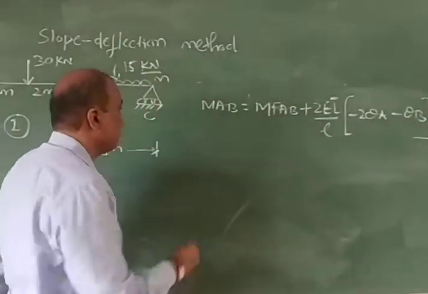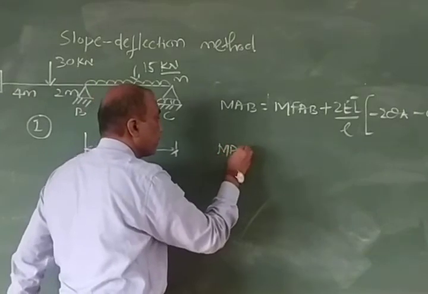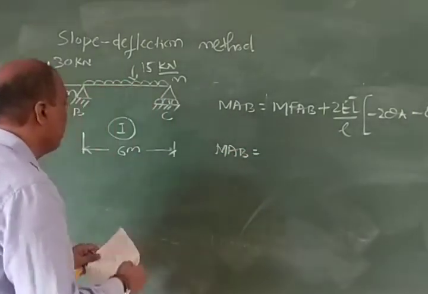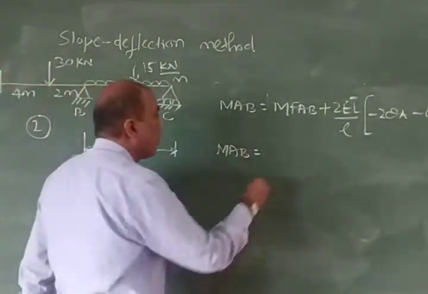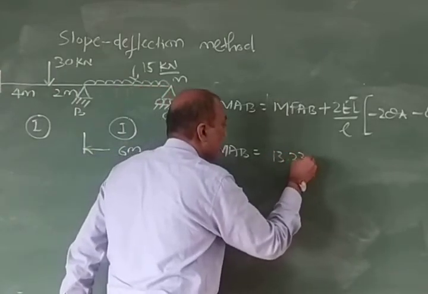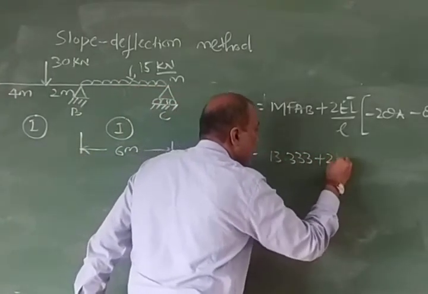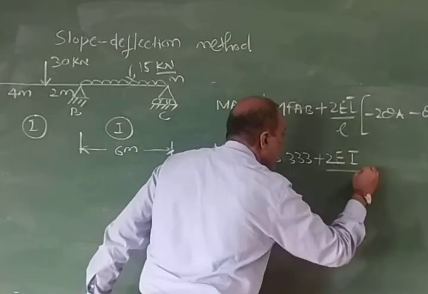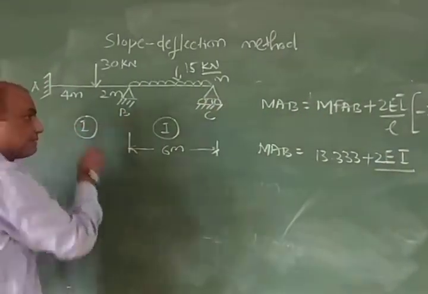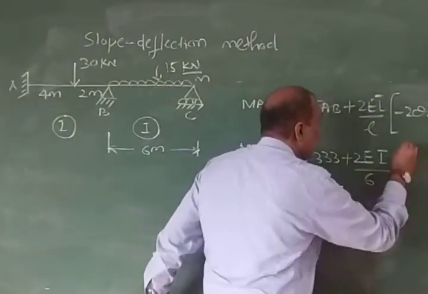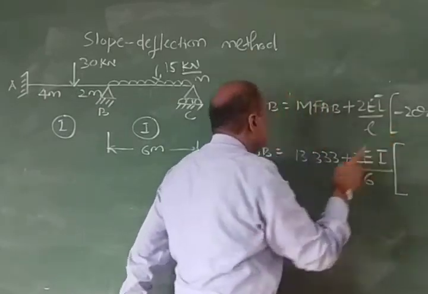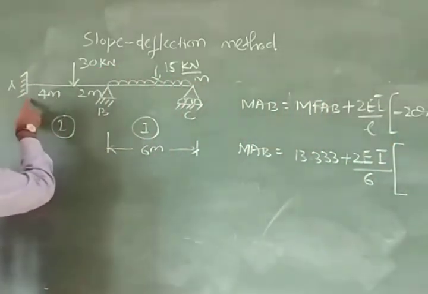Now let us substitute for MAB. MFAB we just found out. How much is MFAB? 13.333 plus 2EI, span for AB 6, minus 2 theta A minus theta B. I have already told you theta A is 0 because it is a fixed end.